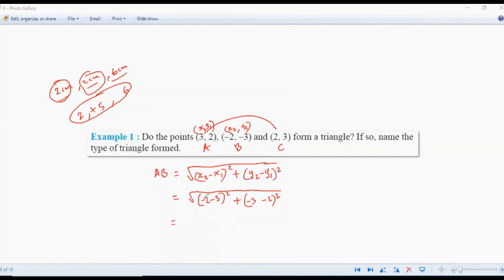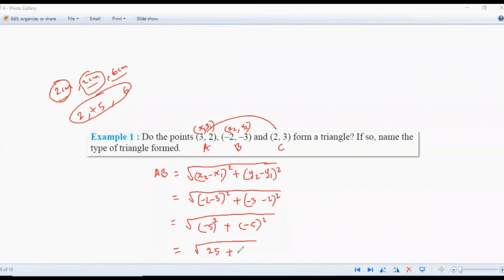Next line, you can reduce this. What is -2 minus 3? -5. So (-5) square plus, what is -3 minus 2? -5, so (-5) square. Very good. Next step, what's (-5) square? 25.